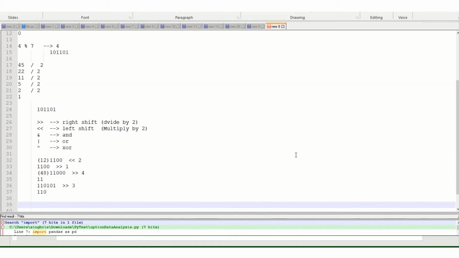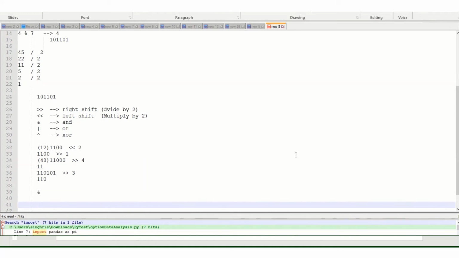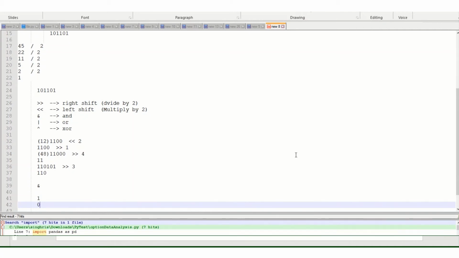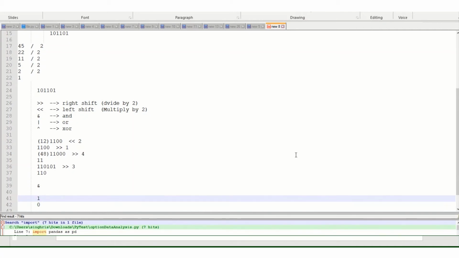Now I will tell you about the AND operator. So what does AND actually do? Suppose you have a single bit as 1 and another bit as 0. Before this, let's discuss again the operator that we had discussed, AND. So what was AND? If X and Y, this condition is true only when both of them are true, right?